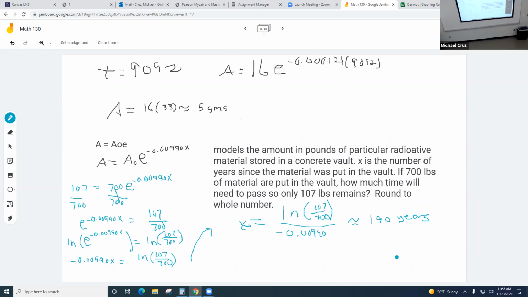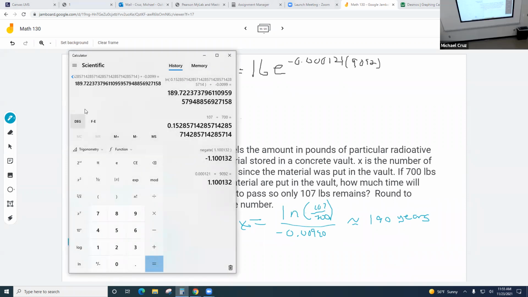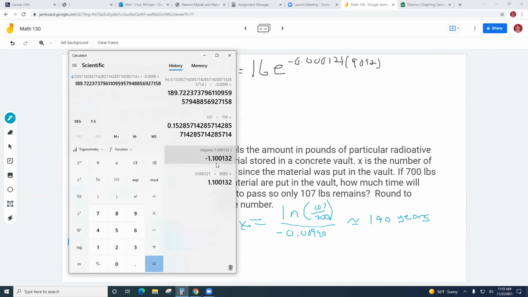So 190 years? Yep, that's right. But I think I put the negative sign on it. I didn't see you put the negative on yours, and I think that's what messed me up on the calculator. I put in the 0.00990, and then I hit the positive-negative key before I divide it. You can see it right there, that's where I did it.